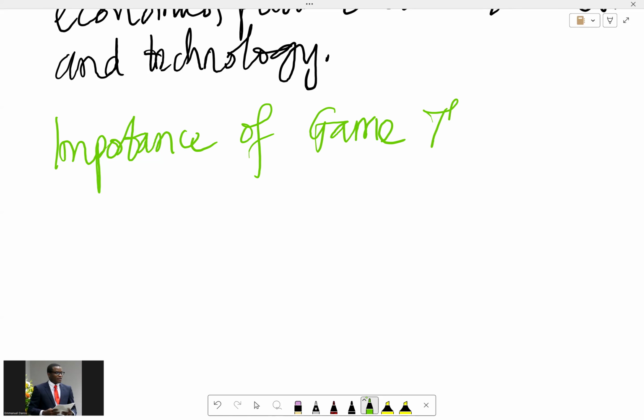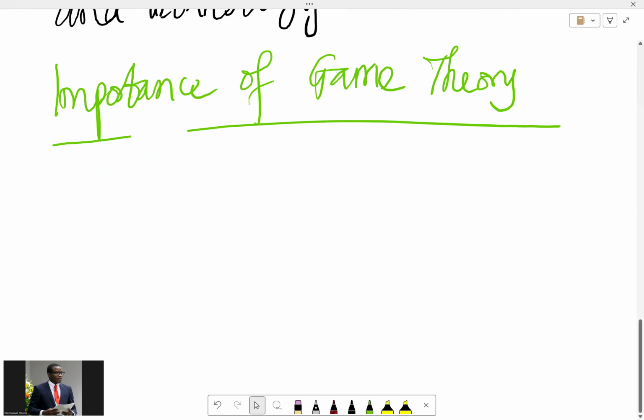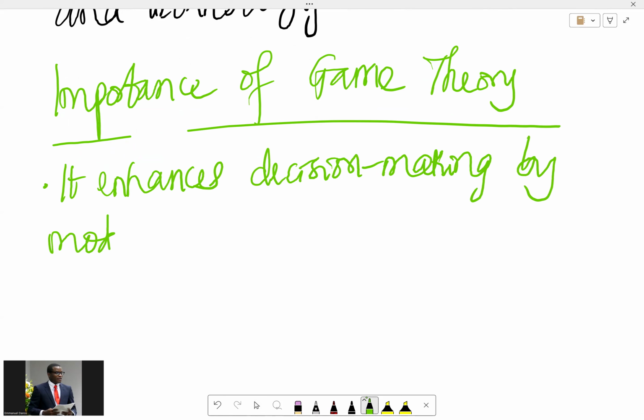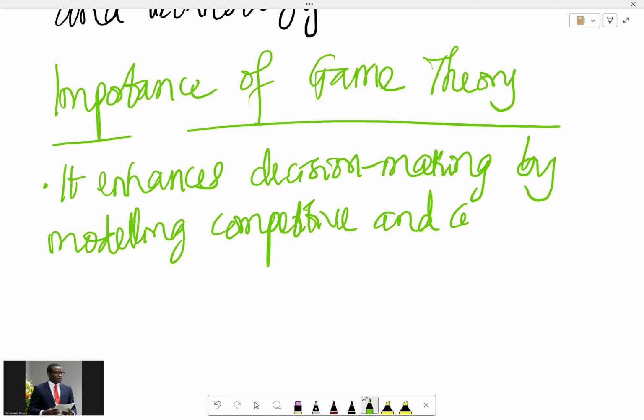First of all, it enhances decision making by modeling competitive and cooperative scenarios. It can also help us to understand the idea of cooperation.